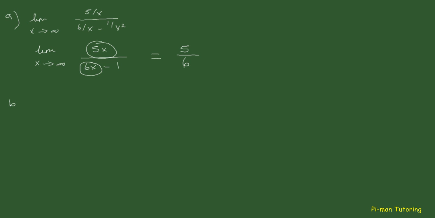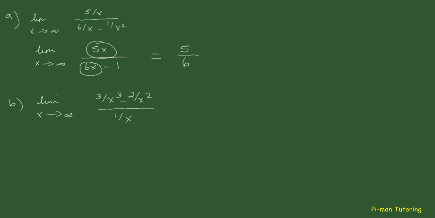Let's look at another. The limit as x tends to infinity of 3 divided by x cubed minus 2 over x squared, divided by 1 over x. Now what should we do here? The denominator is a problem because when we feed in infinity, we're going to get 1 divided by infinity, which will give us 0 in the denominator.